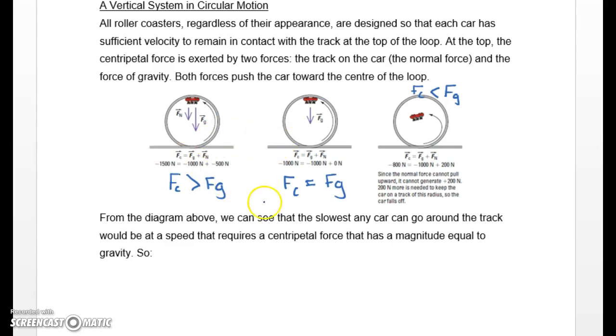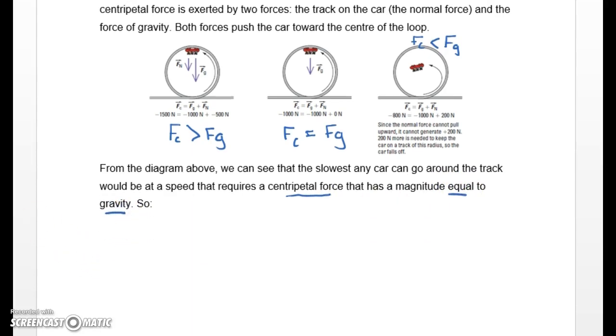So just to recap, the slowest that any car would be able to go is when your centripetal force is equal to the force of gravity. And so from this, we can actually come up with an equation. We want our centripetal force to be equal to our gravity at the very least. We could have a higher centripetal force, but at the very least, these two values need to be equal. So just like what we did previously, we are going to substitute in some values here, your equations.